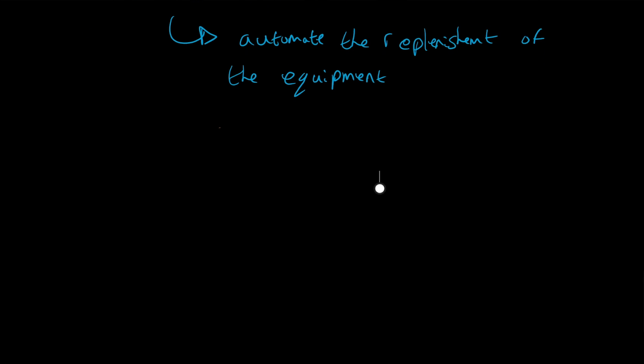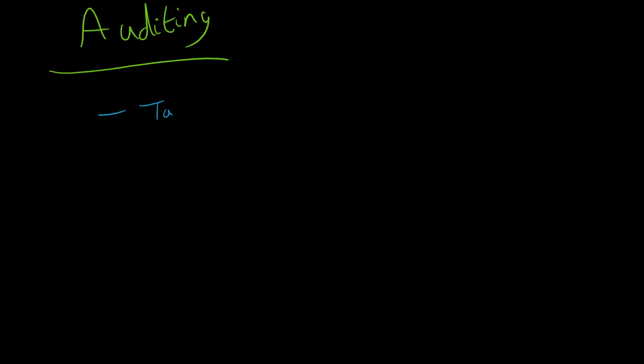So what else can blockchain provide? It can also help with auditing. So what aspects of auditing can it help with? It can help track employee activity, whether it's their work progress or maybe they are traveling for the company, where they are at any particular moment in time.